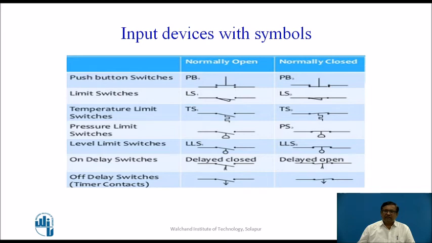So in addition to the elements used like timers and counters, switches, alarms and indicators are used in an input-output system. Here on this slide we have input devices with their symbols.